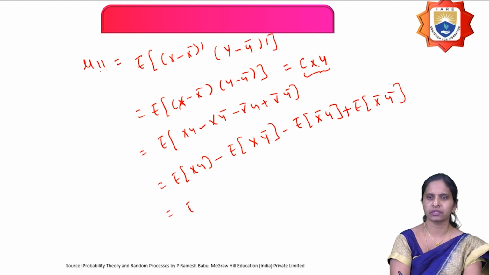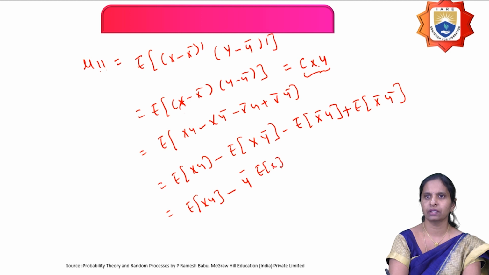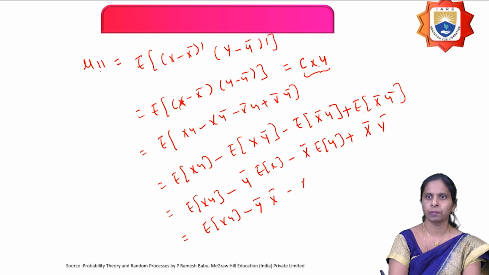That equals the expectation of xy minus, here y bar is the mean of y, which is a constant, so bring it outside: y bar into E of x, minus, here x bar is a constant, so bring it outside: x bar into E of y, plus x bar y bar, both constants. The expectation of any constant is the constant itself. Therefore, E of xy minus y bar into E of x, nothing but the mean of x, minus x bar into E of y, nothing but the mean of y.